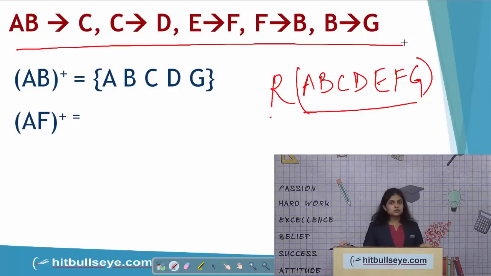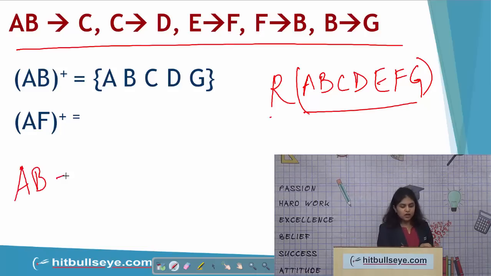So what is the attribute closure AB? What is the AB closure? Okay, let's try to understand. If I have to talk about AB, I need to understand which all attributes are functionally determined by A and B. Let's try. First of all, AB is functionally determined by itself.